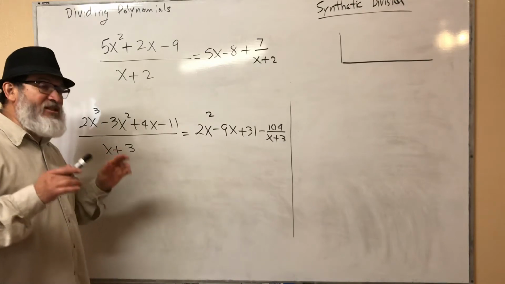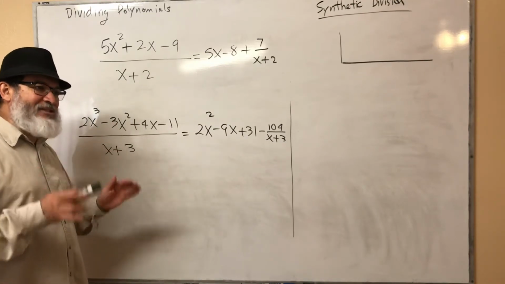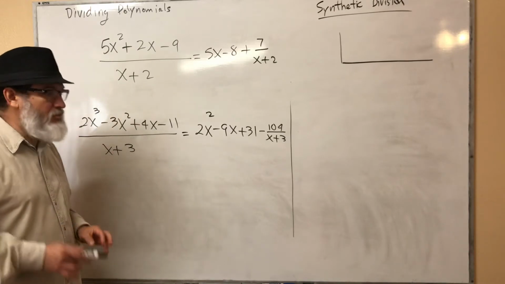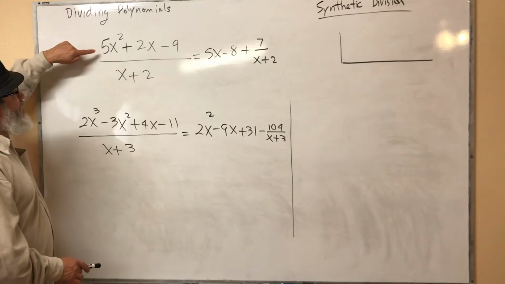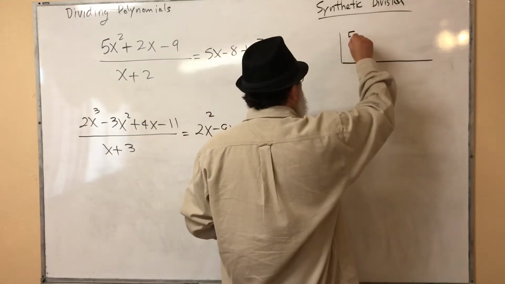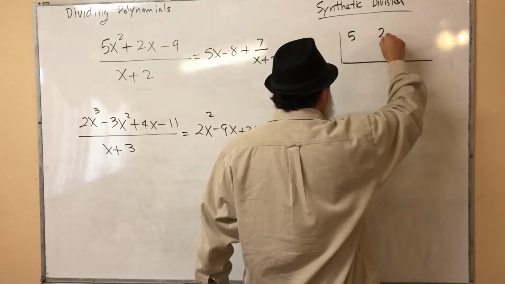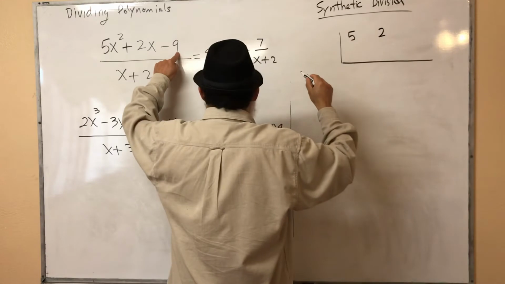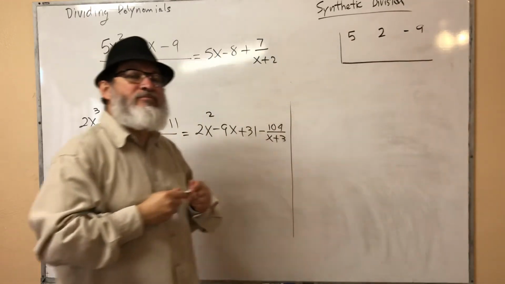If there are missing terms, each missing term has a coefficient of 0. But let's do this one. Coefficient 5. Coefficient 2. Coefficient negative 9. Those are the coefficients.